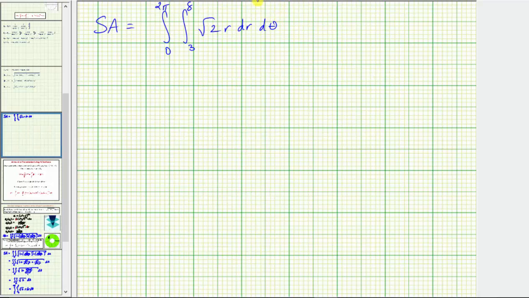We first integrate with respect to r. Remember, this is r to the first, which gives us the integral from 0 to 2 pi of square root 2 times r squared divided by 2, or square root 2 divided by 2 r squared.